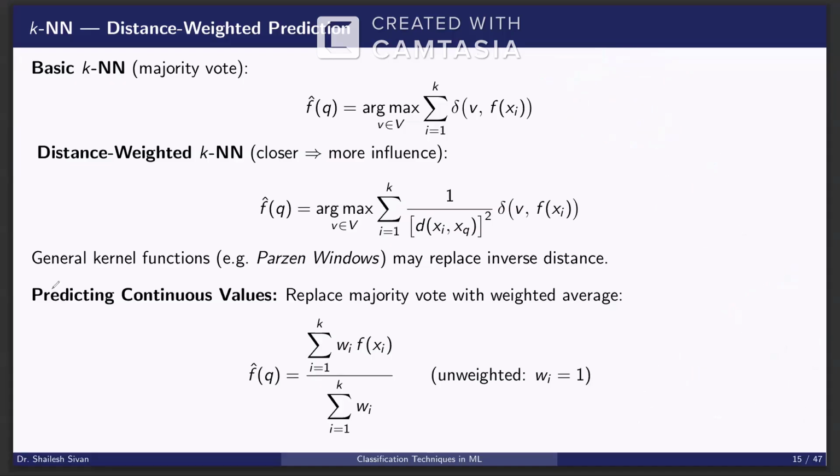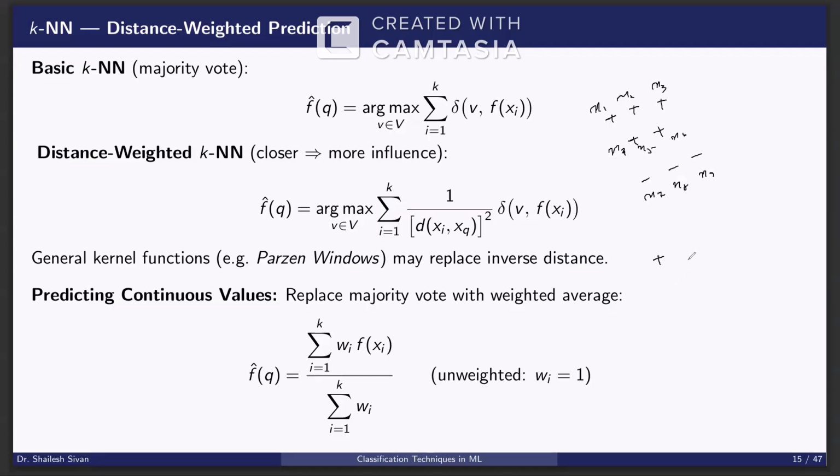Why are you putting it as f of xi? It's actually the class, right? Because each observation is xi, and f of xi is the class of that observation. Like if plus plus plus plus and minus minus minus, each of these observations is xi: x1, x2, x3, x4, x5, x6, x7, x8, and x9.